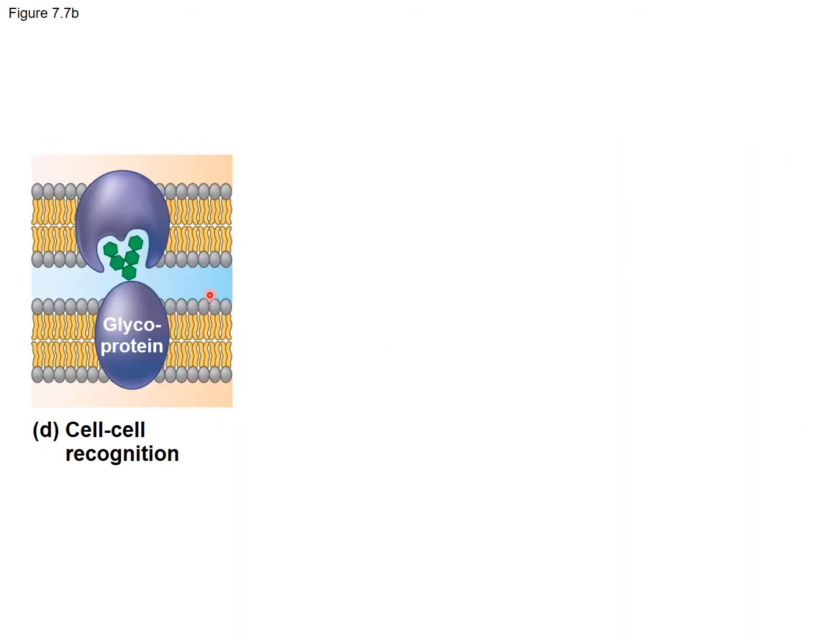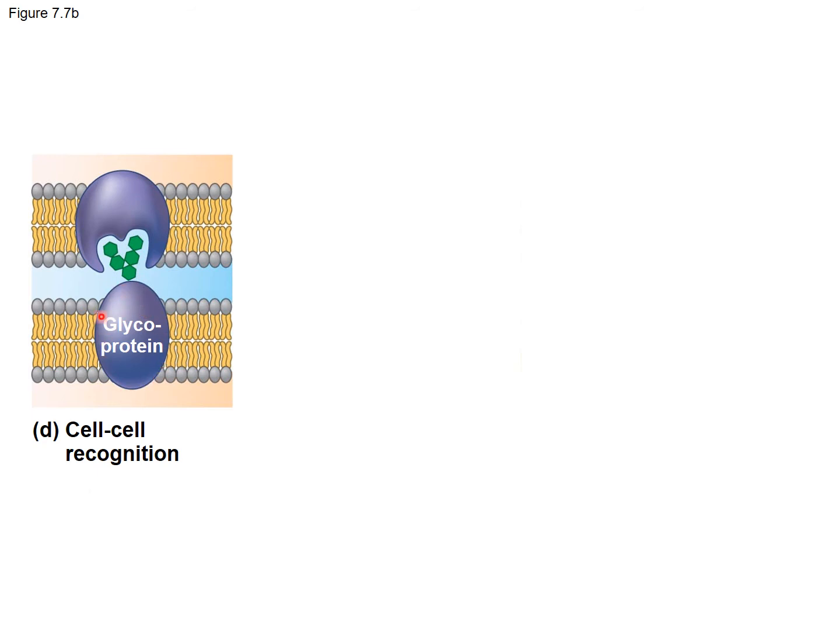Some of them can serve as recognition of cells. So here, look, we've got a protein with carbohydrates attached to it. Well, these carbohydrates fit perfectly into this region of another protein. So these two different cells are recognizing one another via these carbohydrates that are attached to the protein.